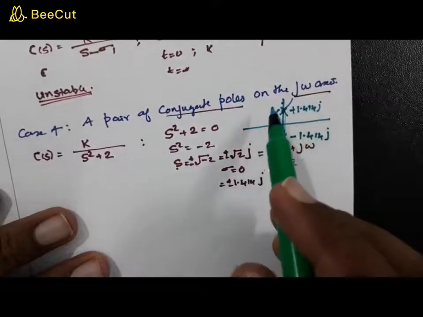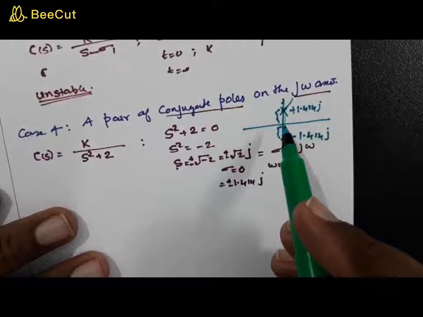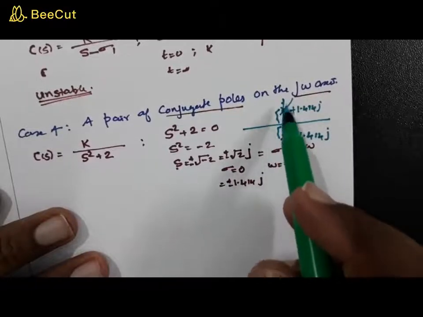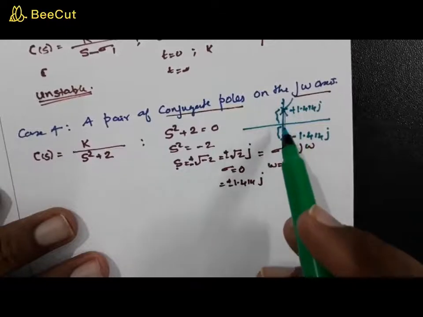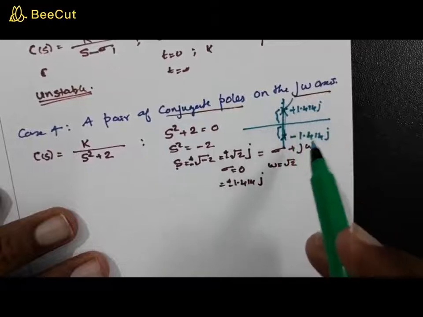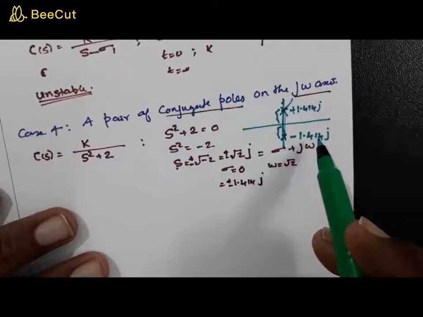Mind you, this is not a multiple pole, because these are at different locations, but they are conjugates, because one is plus 1.414 j and the other is minus 1.414 j.